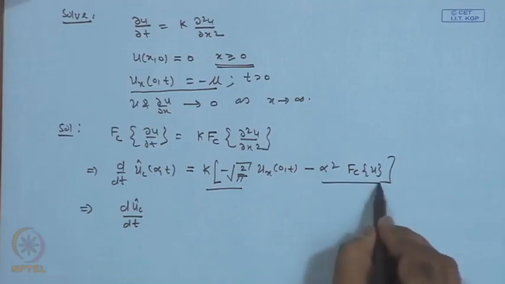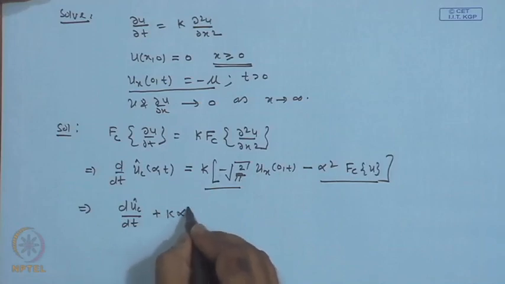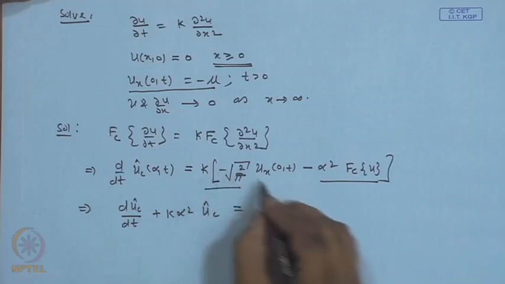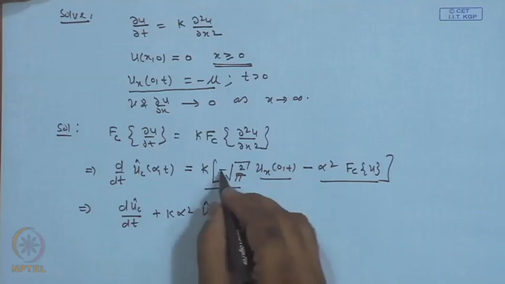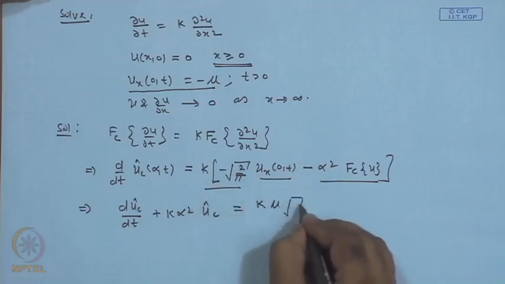So, k alpha square and u cosine transform, and here we have k, this is given as minus mu. So, minus minus will be plus. So, k mu and square root 2 over pi.